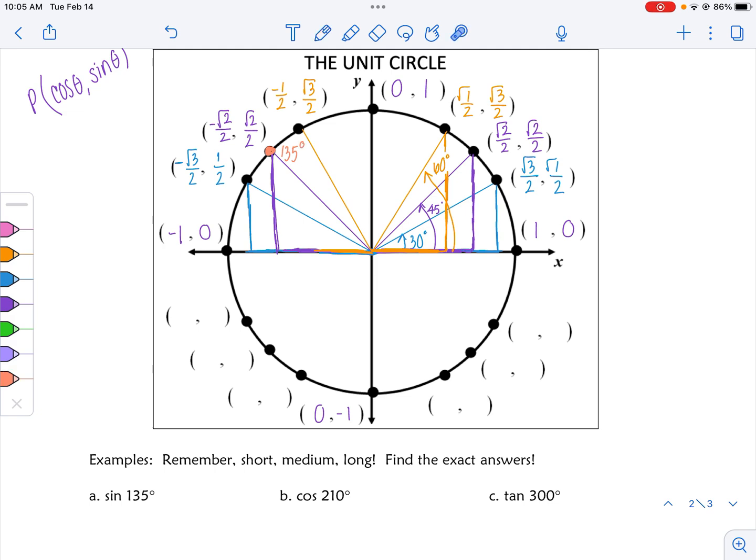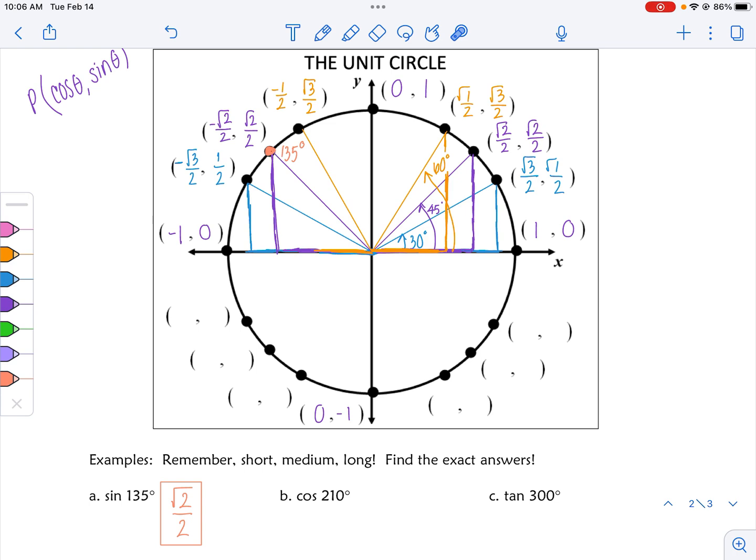I want the sine. Sine is my y. My y is the middle length. It's going up, so √2/2. So find your angle. Figure out if you're finding x or y, and is it small, medium, or large? In this case, it was the medium.